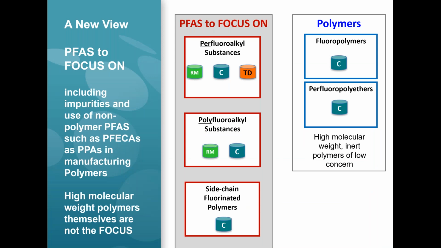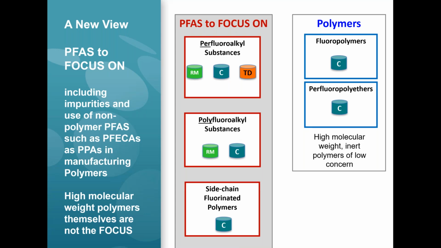Okay, so let's bring this back together and maybe draw the picture again of what the PFAS universe is, and put on the left side those PFAS classes that we want to focus on, and on the right side those that maybe don't need to be a focus because they're high molecular weight polymers. However, and I want to acknowledge this, it's very important, we do want to be sure that on the left-hand side we're including impurities and the use of non-polymer substances like the ether-based surfactants we're going to talk about, like Adona and the HFPO dimer acid.